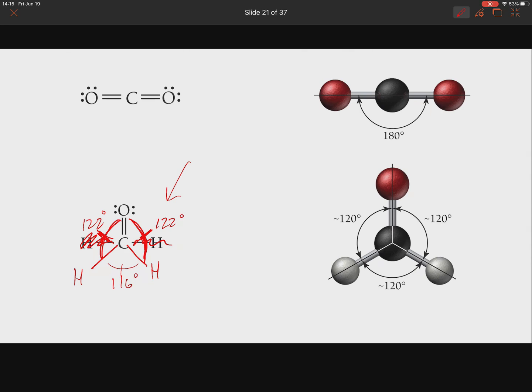I got another example of a linear molecule. This is acetylene, or ethine. C2H2. Acetylene is its common name. Ethine is its organic name.